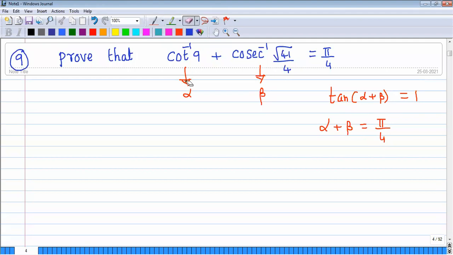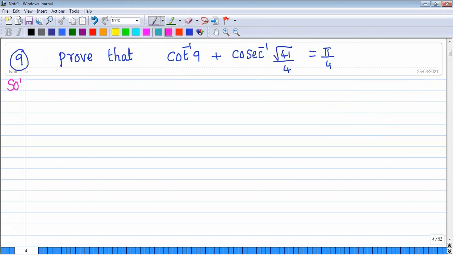Okay, let us proceed. So first we need to think in our mind like this. Let us say cot inverse 9 is alpha. What is cot alpha? 9.